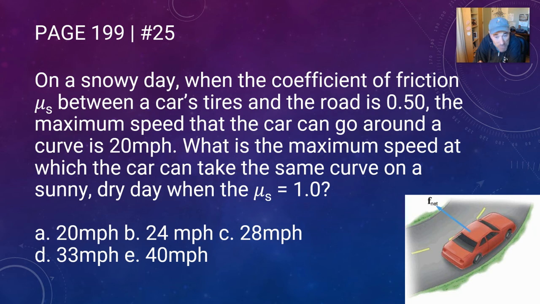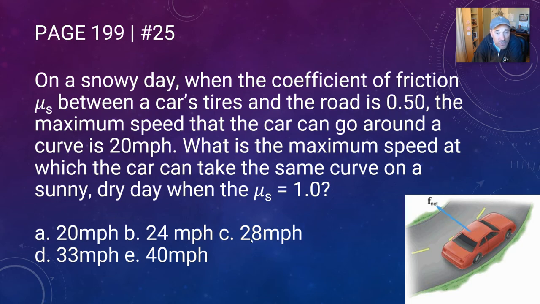What is the maximum speed at which the car can take the same curve on a sunny day when the coefficient of friction is 1? Again, here are the things to know: the coefficient of friction on the snowy day is 0.5, on the sunny day is 1, and the maximum speed we can go around is 20.